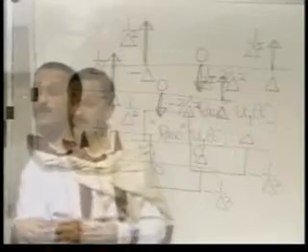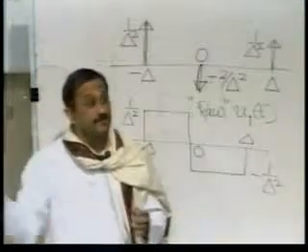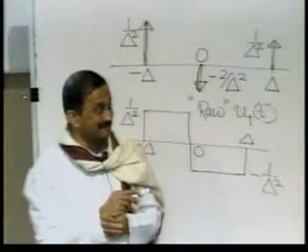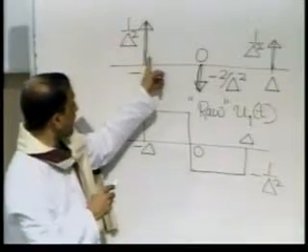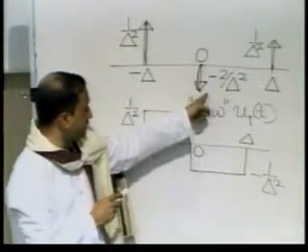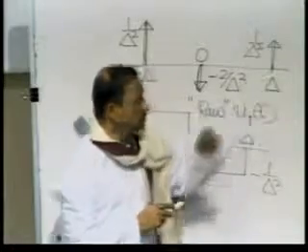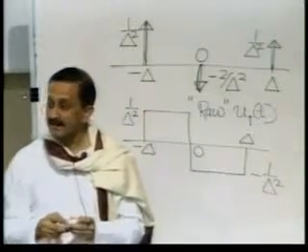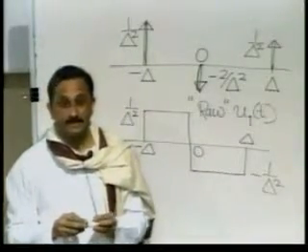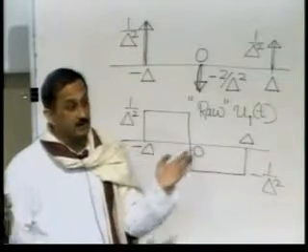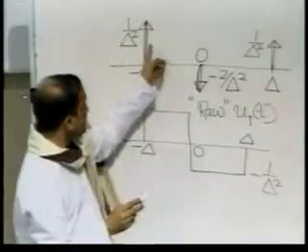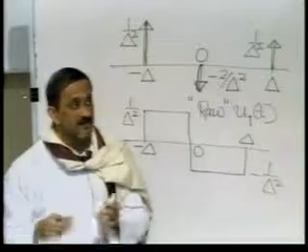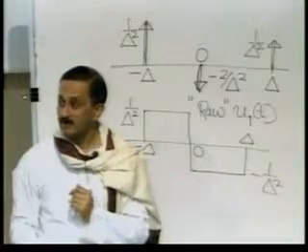So now what is the problem? Now we have 3 impulses, of strengths respectively 1 by delta squared, minus 2 by delta squared, and 1 by delta squared, located at minus delta, 0 and delta. So as delta becomes smaller and smaller, what happens? Each of these impulses starts growing in strength without bound.